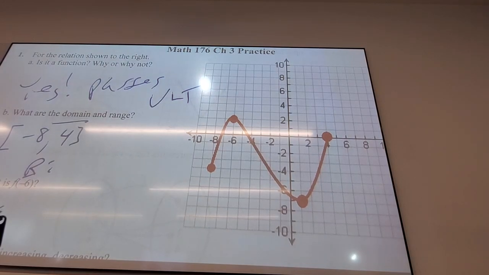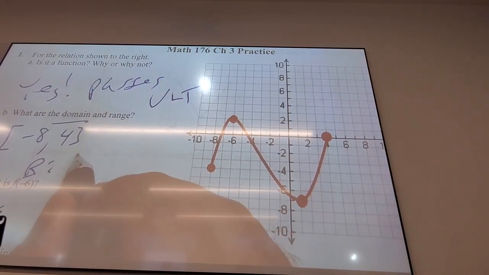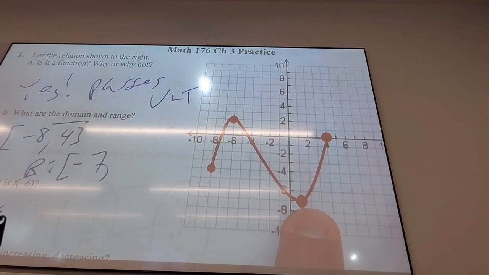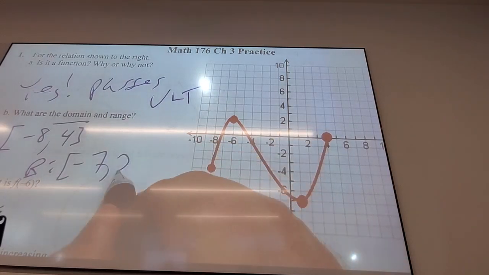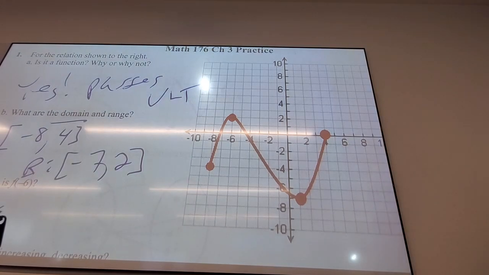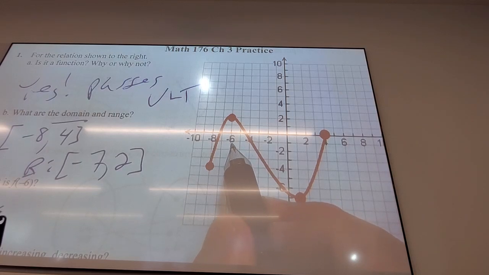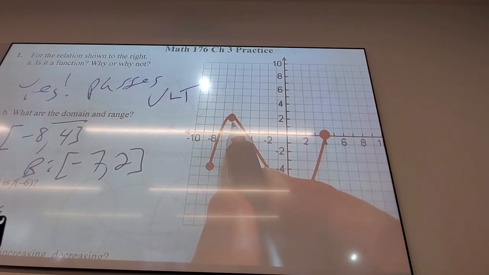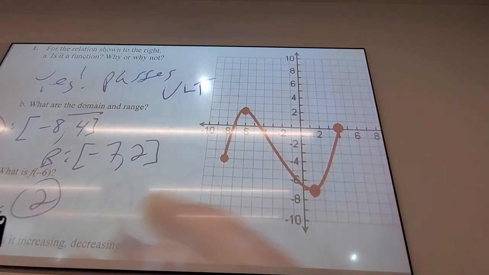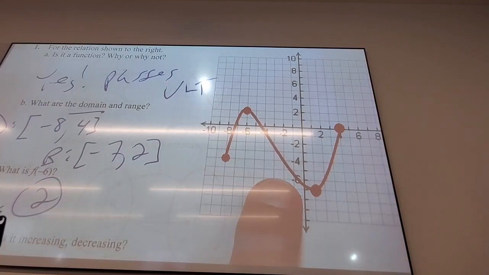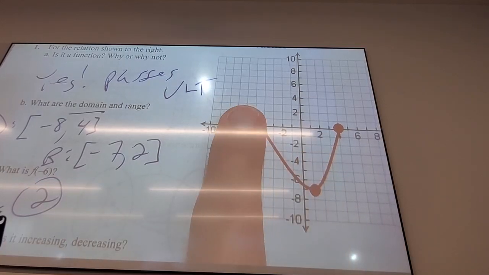What's the lowest output that's possible? -7. What's the highest output? 2. Cool. f of -6? Yeah, it's got to be 2 because that's where they put the point. So I think everybody's cool with that. When you first see this question, it might be kind of weird because it didn't give you a function, but it did better. It gave you all the answers.